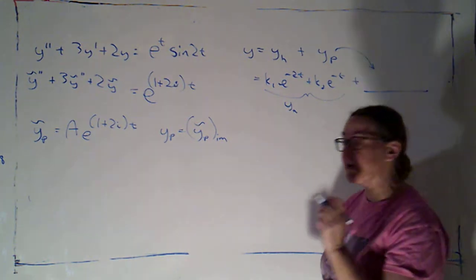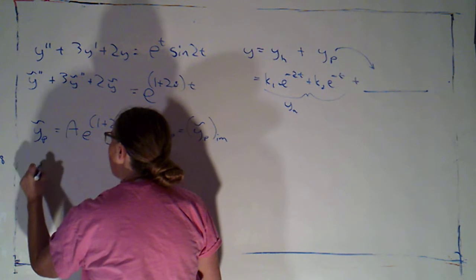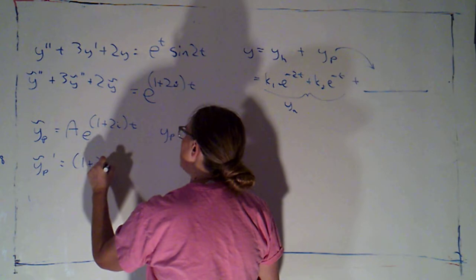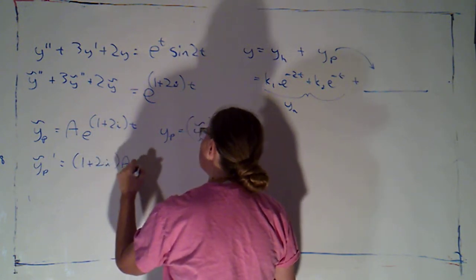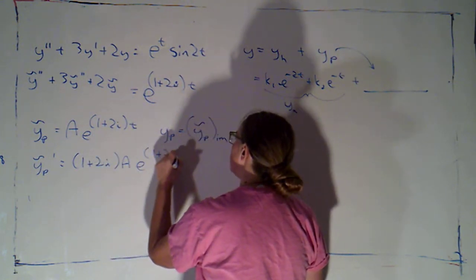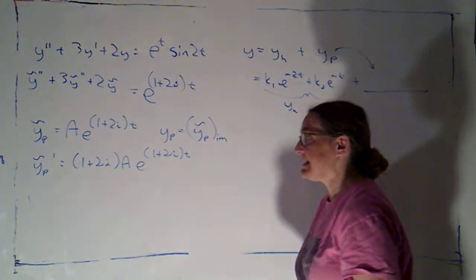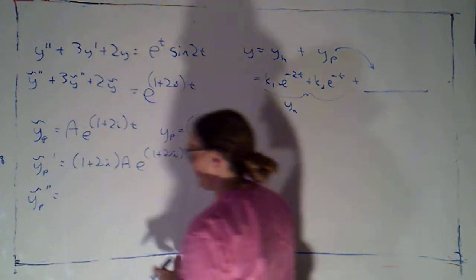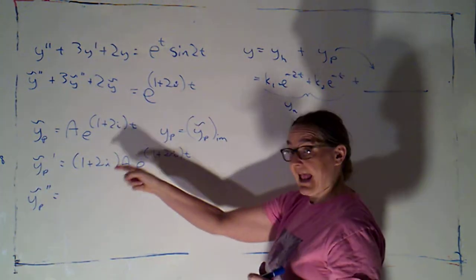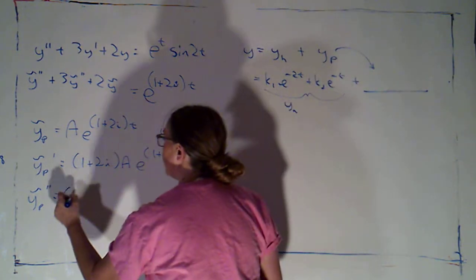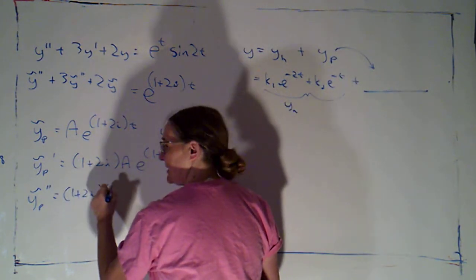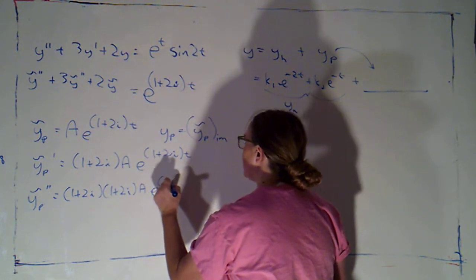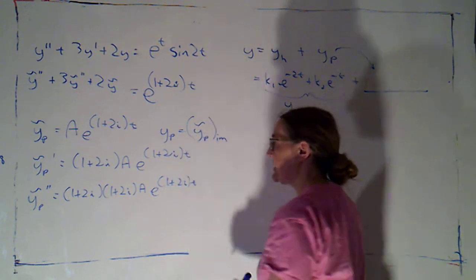Okay, so if I make this guess, yp tilde prime would be (1 plus 2i) times a e to the (1 plus 2i) times t. Yp tilde double prime, I'm going to get a second factor of 1 plus 2i. So I'm going to have (1 plus 2i) times (1 plus 2i) times a e to the (1 plus 2i) times t.